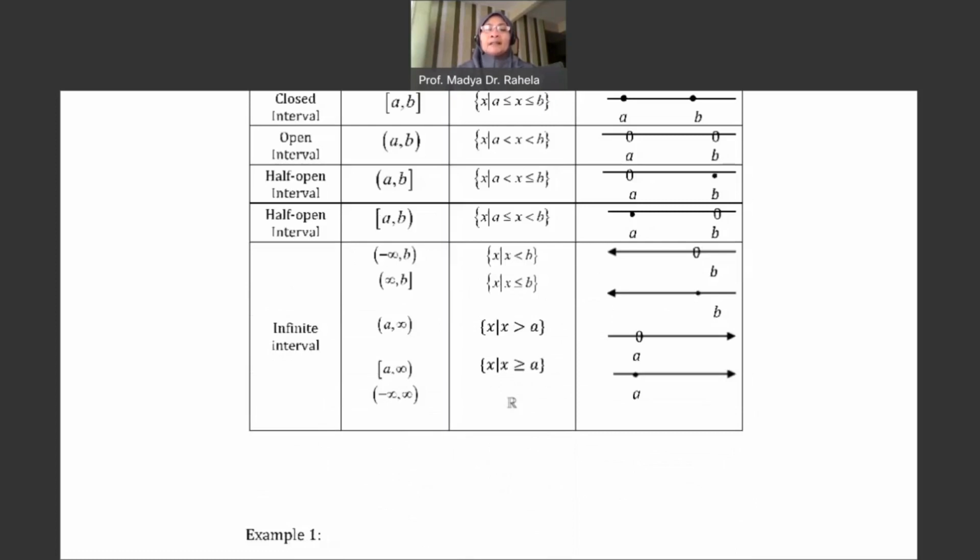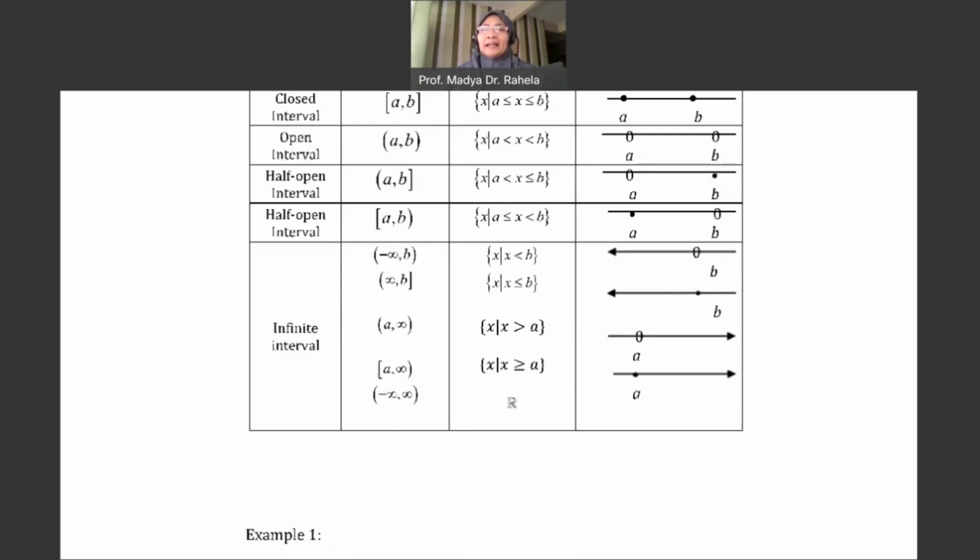Okay, so here for minus infinity to B, the answer for the interval is x less than B. On the number line, we put an arrow here. An arrow on the left means that we have more numbers on the left of B. So for negative infinity, we represent it by an arrow.